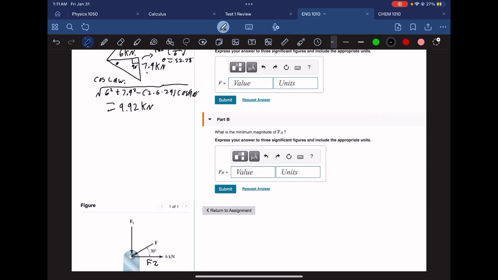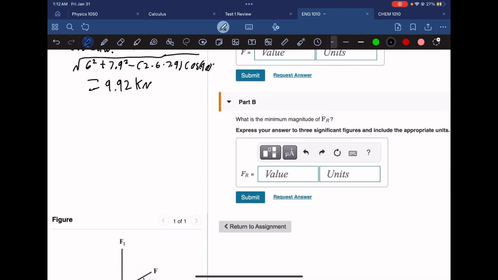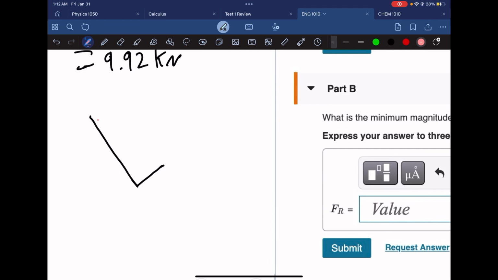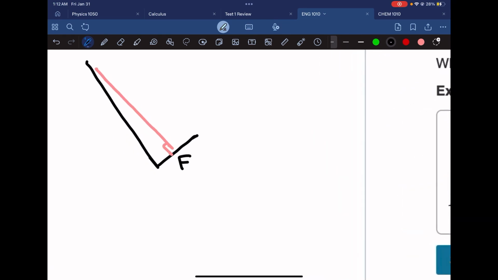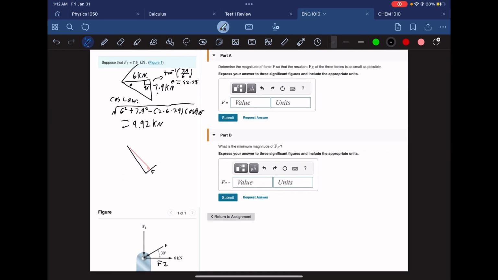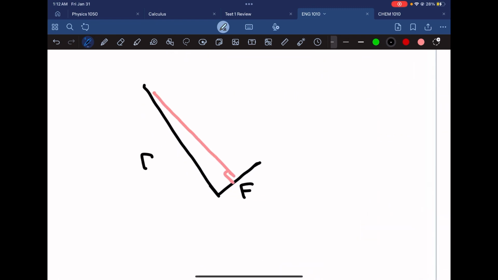So now what we want to do is make our diagram with our two givens and our F. So we'll draw our given like that and our F like this. And now we want to set our resultant at 90 degrees. So bang, bang, like that. And this is going to be 90 degrees. This is our F, and this would be our F1 plus F2, which is 9.92 kilonewtons.